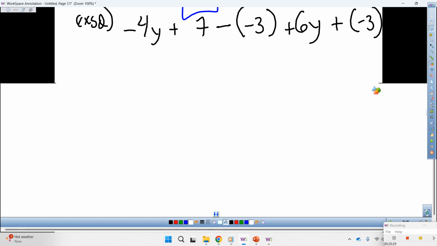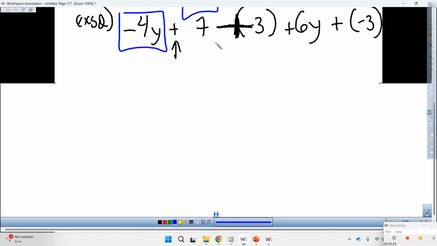Here we go. So first things first, check to see addition throughout. Is there addition here? No, we changed this to addition. Negative times a negative becomes a positive, and that's it. All right, let's start with the variables. We got negative 4y and positive 6y. This is negative, this is positive, so therefore can 4 of these cancel 4 of those?